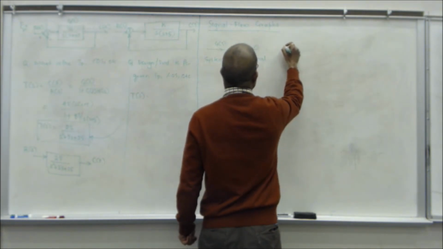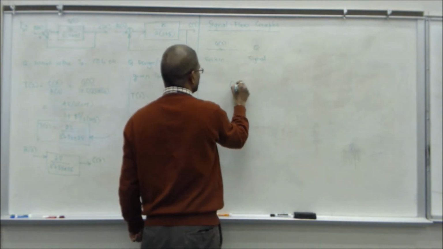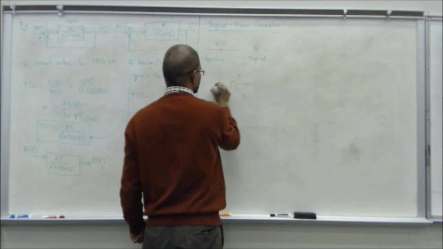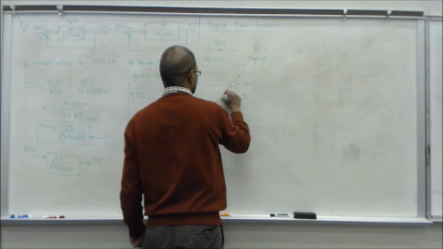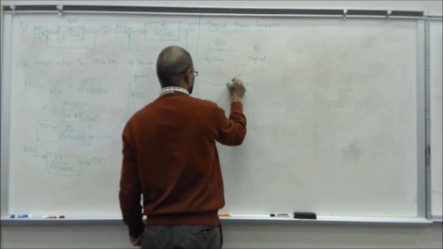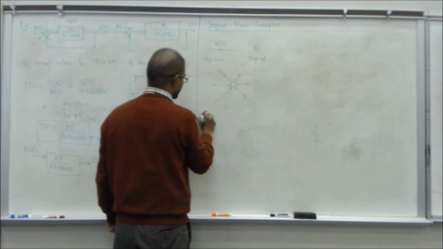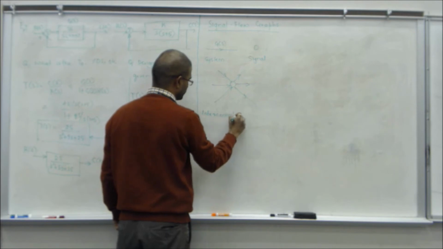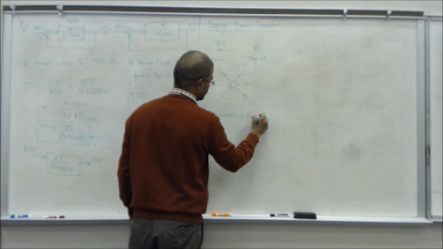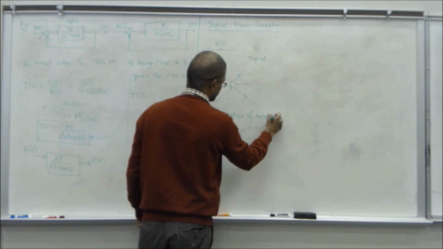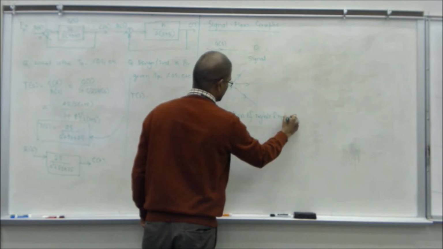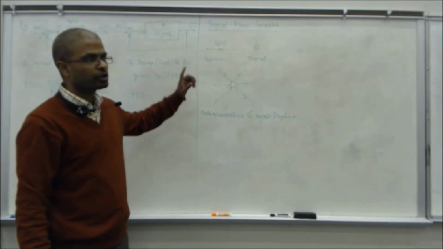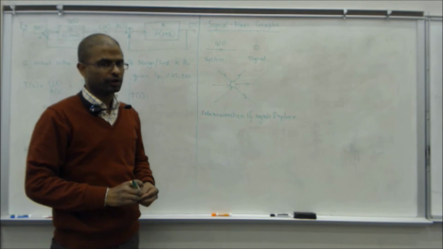And something like this represents an interconnection of signals and systems, okay. So these are the only components which are used for signal flow graphs. There is no summation block here. You have to pay attention to that.